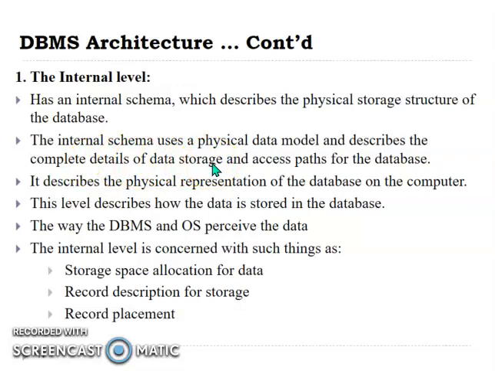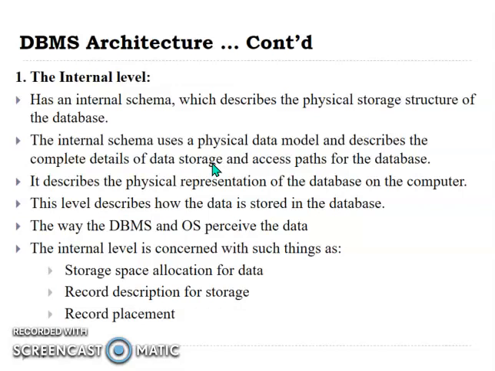So this internal level is more concerned with the physical storage structure of a database. It also describes the details of data storage and specifies the access path of the database.